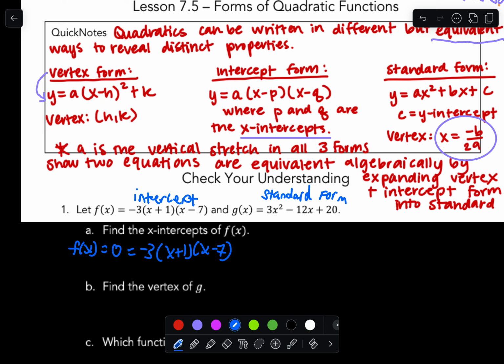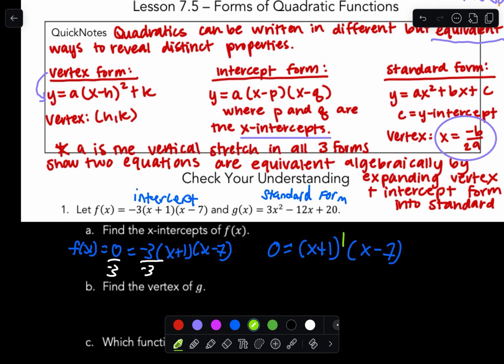Matter of fact, you can see that if you just divide out the negative 3 from both sides, 0 divided by negative 3 is 0. So we end up with basically only focusing on the fact that 0 equals x plus 1 and x minus 7.